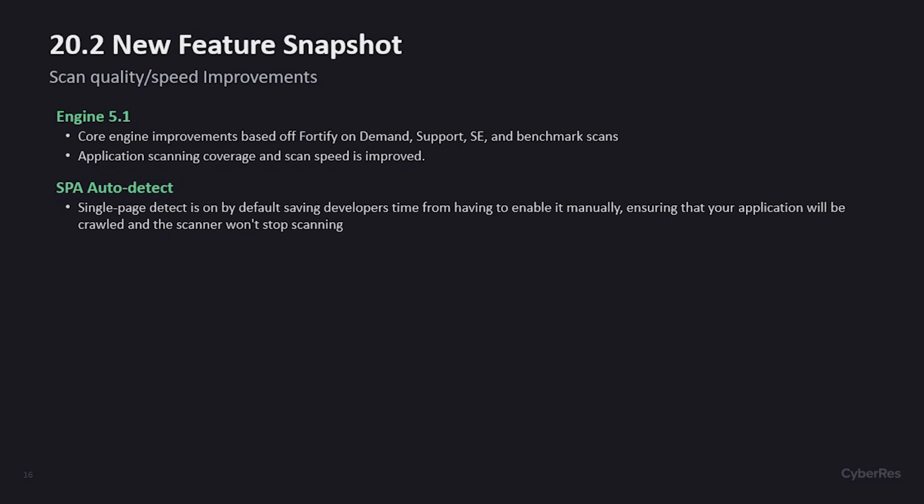So now with SPA auto detect in this latest release, this is a hugely important feature. Now you point WebInspect at the application, it will detect if it's scanning a single page app, and it will automatically switch into a mode that will support scanning a single page app. You can also still manually turn it off if necessary, but the default is automatic. This results in the best findings and the best scan times.